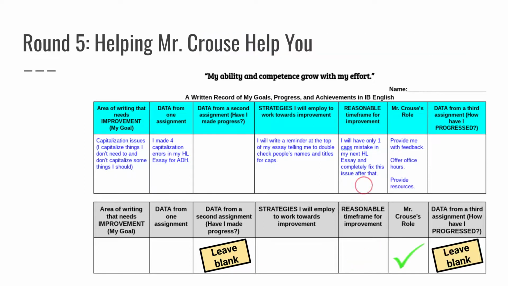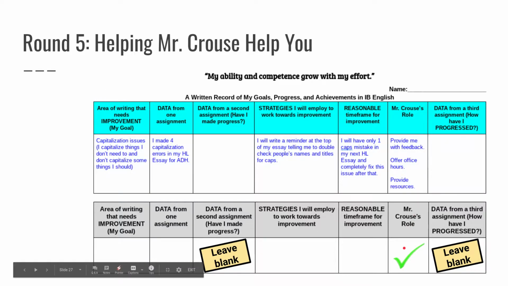Okay. The last thing that I'm going to ask you to fill in is the Mr. Krause's role section. This is where I'd like you to tell me how I can best help you with these types of errors. So for example, in my sample one here, I said, provide me with feedback, offer office hours, provide resources.